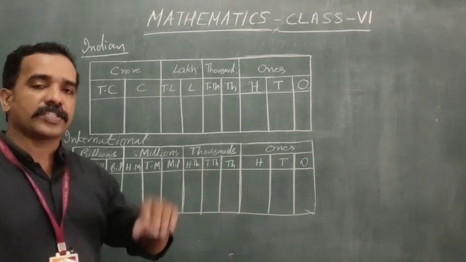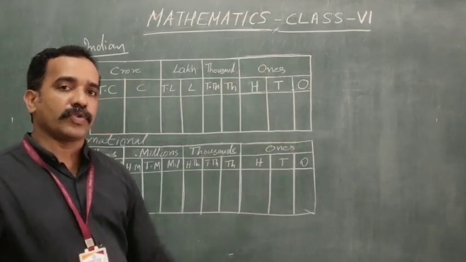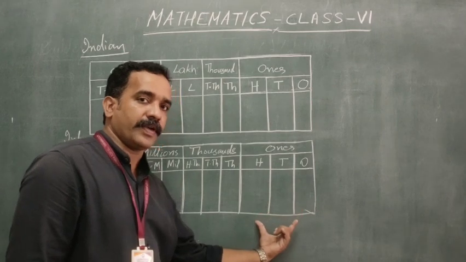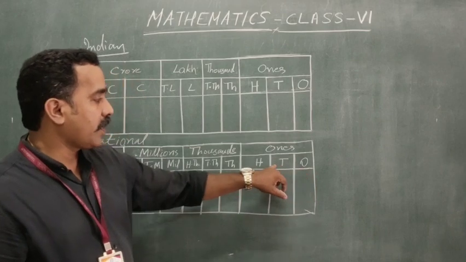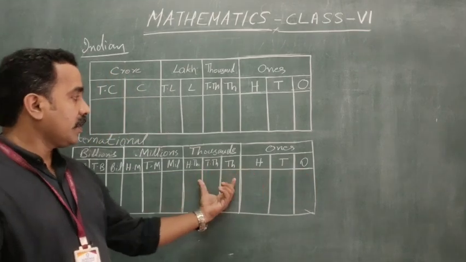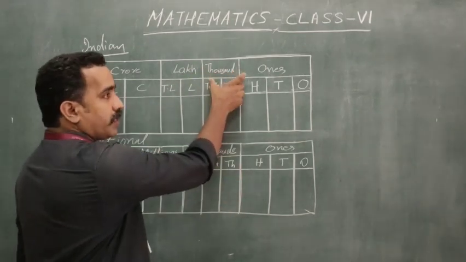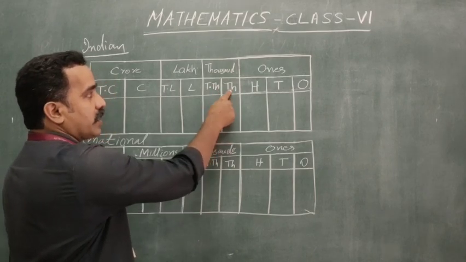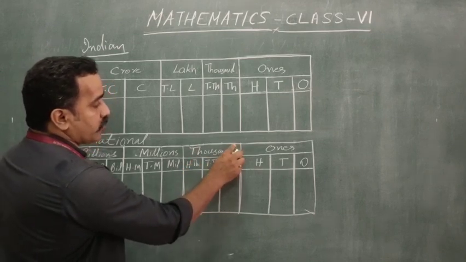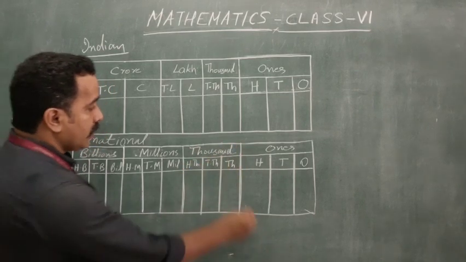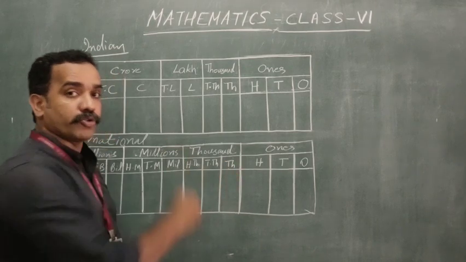But in the international place value chart, just like the Indian chart, the first group has 3 digits, that is the ones group: 1, 10 and 100. Then the thousands group: in the Indian chart the thousands period has only 2 digits, 1000 and 10,000. But in the international chart, the thousands period has 3 digits: 1000, 10,000 and 100,000.